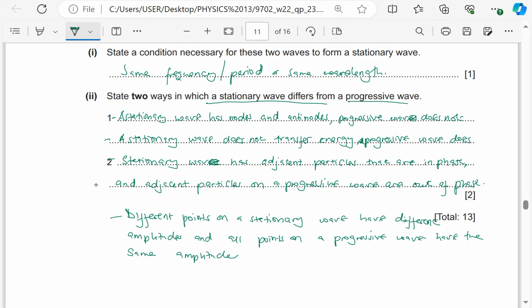So these are the common differences between a stationary wave and a progressive wave that I expect a science student to be able to state.